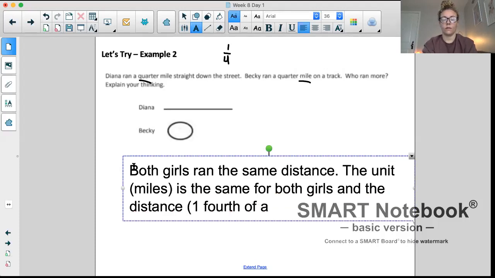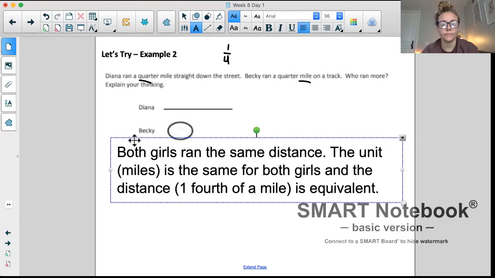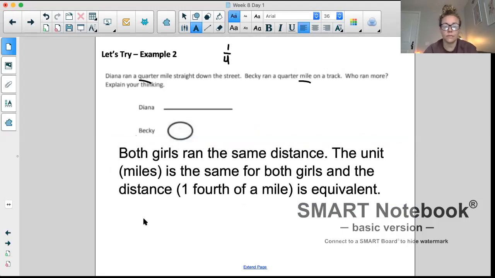So I said here, both girls ran the same distance. The unit, miles, is the same for both girls, and the distance, 1/4 of a mile, is equivalent. All right.